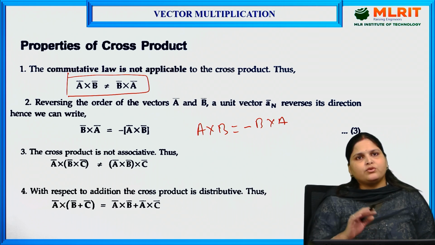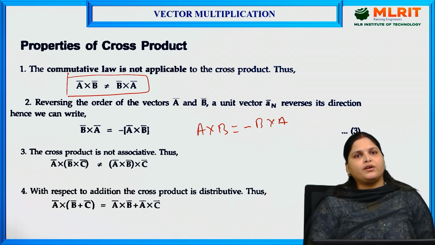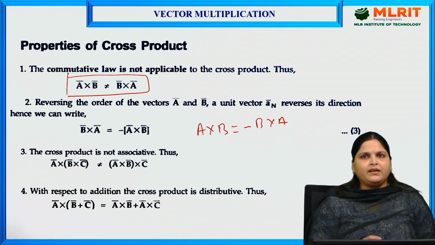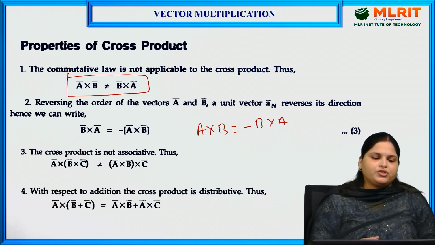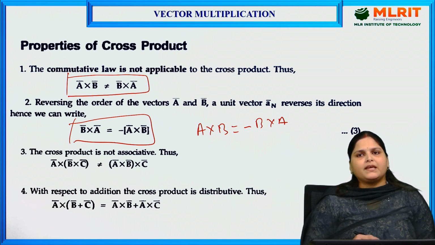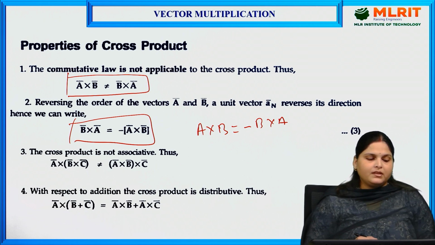We reverse the order of the vectors A and B, and also the unit vector an reverses the direction, so B cross A is equal to minus A cross B.